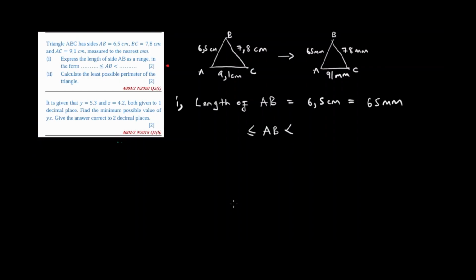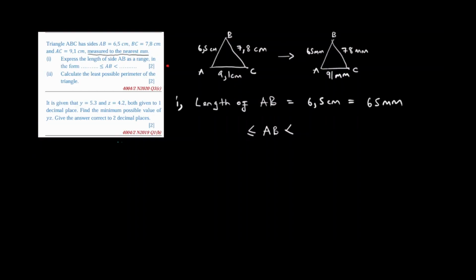How do we know how to define this range? We know where to get the range from. This statement, measured to the nearest millimeter, the degree of accuracy, tells us what to do. So 65 millimeters, which we see there, is measured to the nearest millimeter.